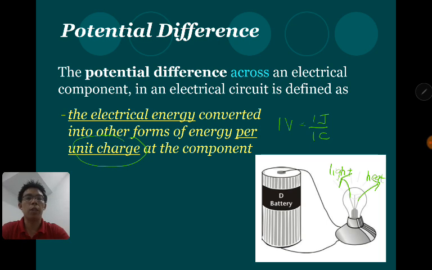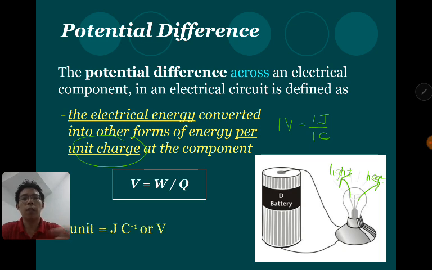So that's the unit charge there. And therefore the equation is V equals W over Q. V stands for the potential difference, W stands for the amount of energy involved or converted, divided by charge, that's per unit charge. And the unit is joule per coulomb, or volt.